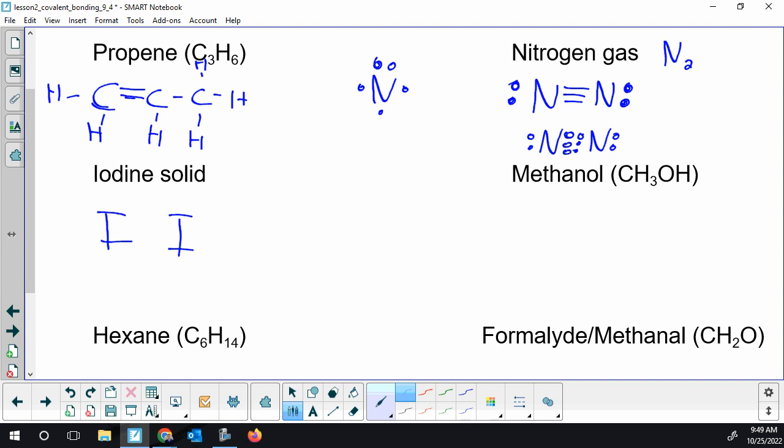Iodine, that's group 7A. It's got 1 single and 3 pairs. So iodine is only going to have a single bond between the I's, not a triple like nitrogen. The structural formula just shows the bonding electrons, just shows 1 dash.